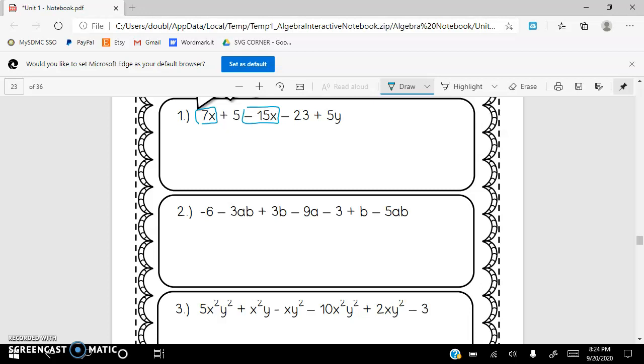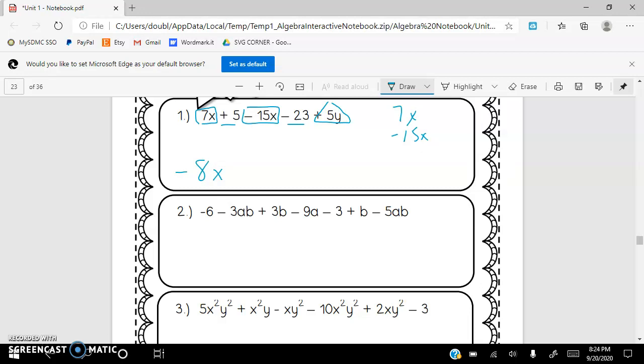Next we have a positive 5y. Then last but not least, we have a plus 5 and a minus 23, so we can combine them. Let's start with the x's. We have 7x minus 15x, that gives us a -8x.